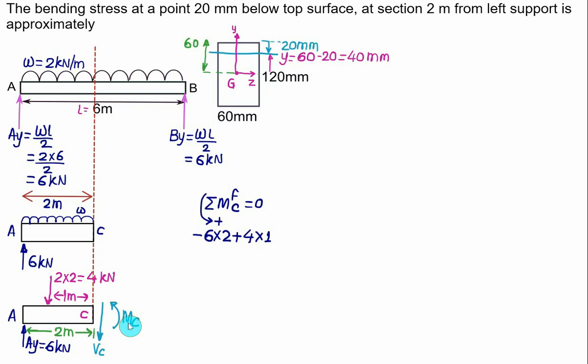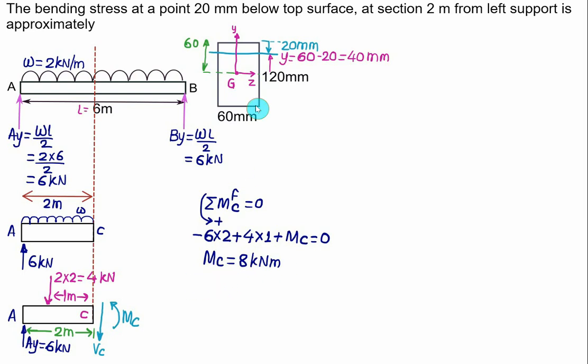And the bending moment at point C, taken anti-clockwise positive, will be MC equal to 0. In this fashion we can calculate the bending moment at point C. We have minus 12 plus 4. Minus 12 plus 4 is minus 8, that will become positive on the right hand side. So we have bending moment equal to 8 kilonewton meter.